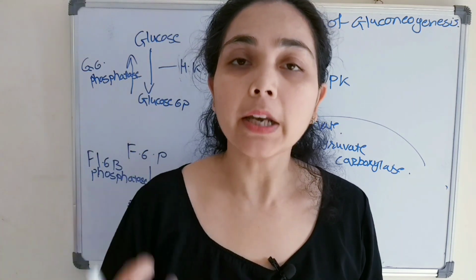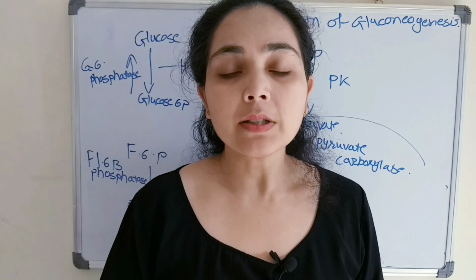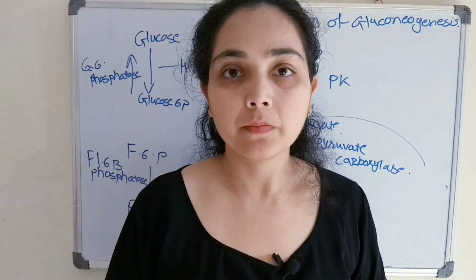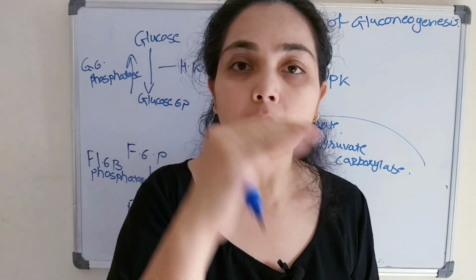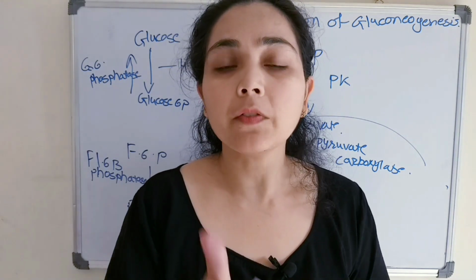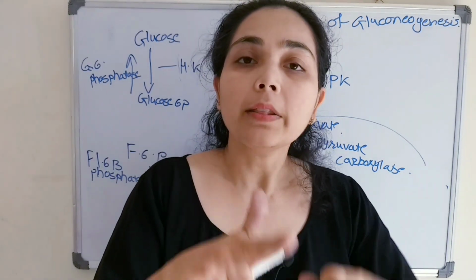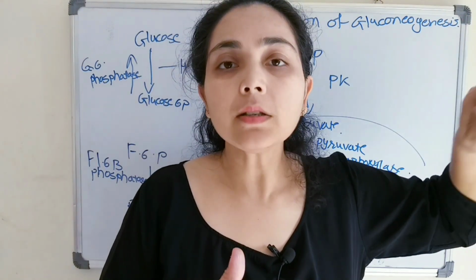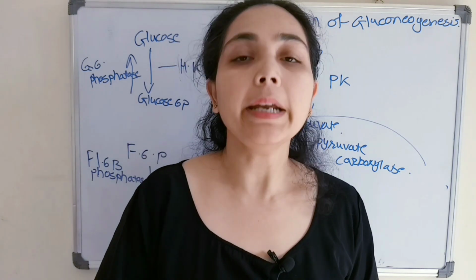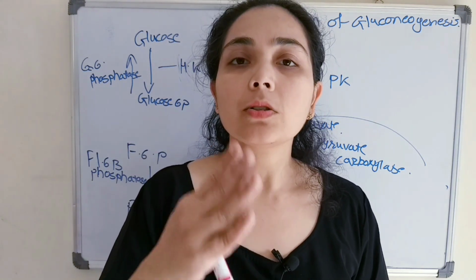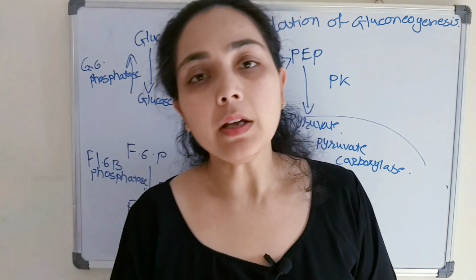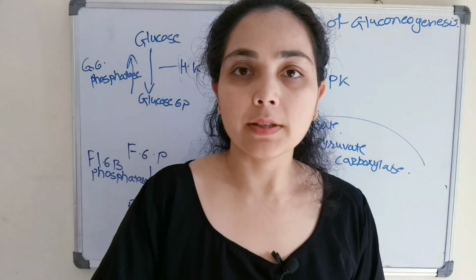So when there is a need of energy, glycolysis will take place, and when the glucose level has depleted in the blood, because blood has to maintain constant glucose levels, since some vital organs, for example the brain, cannot work without glucose, the glucose will be synthesized. That is gluconeogenesis. So that depends upon the need of the body. So there must be some regulation which will switch on and off between glycolysis and gluconeogenesis.